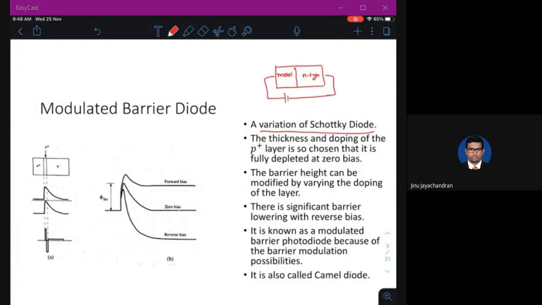Here in normal PN junctions, the charge carriers are both electrons and holes. But in a Schottky diode, you have the charge carriers either electrons or holes. The metal will have some free electrons.